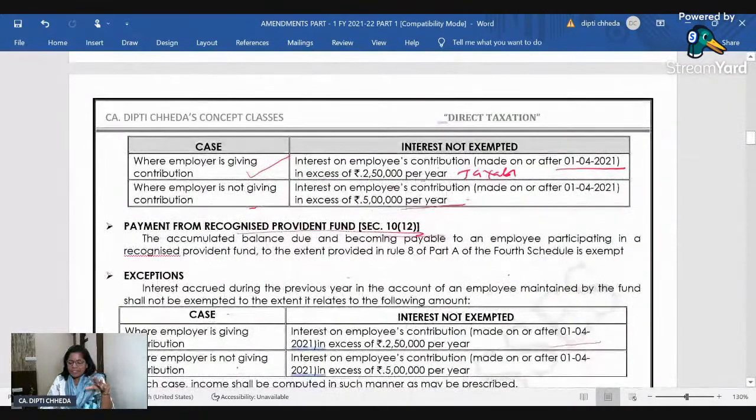And second, the gist of this is, if the employer is contributing, then up to 5 lakh you can contribute, and interest on 5 lakh is exempt. If employer is not contributing, then you can contribute up to 5 lakh, and interest on 5 lakh is exempt. If employer is contributing up to 2,50,000, interest on whatever you contribute is exempt. Beyond that, it will become taxable.